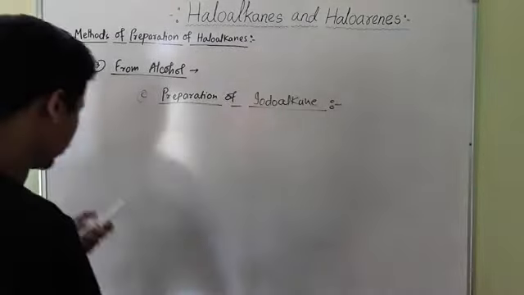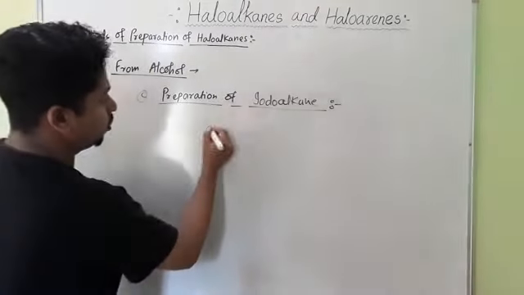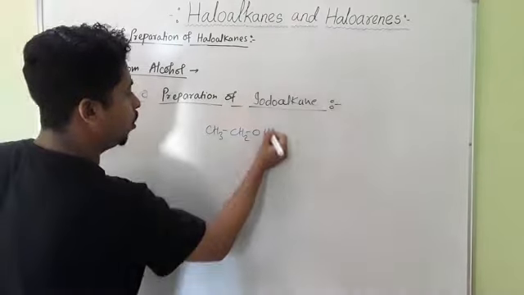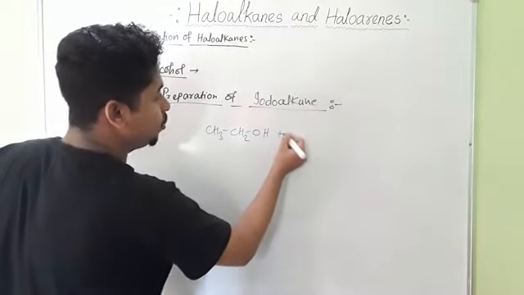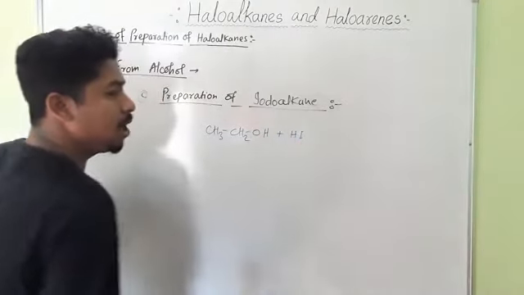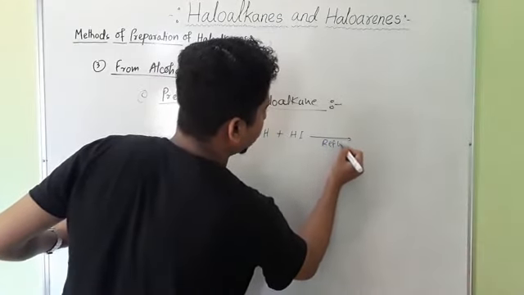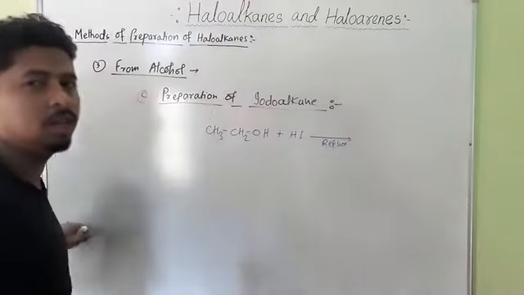I am writing this reaction here: CH3-CH2-OH plus HI, hydrogen iodide. Upon boiling or reflux, it will produce the corresponding iodoalkane.